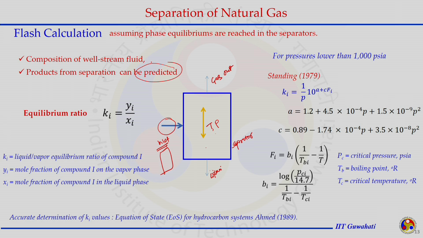How can they be predicted? With the help of the concept of the equilibrium ratio, which says Ki equals yi by xi. Ki is the liquid-vapor equilibrium ratio for a particular component i, while yi represents that component's mole fraction in the vapor phase and xi represents the mole fraction of that component in the liquid phase.